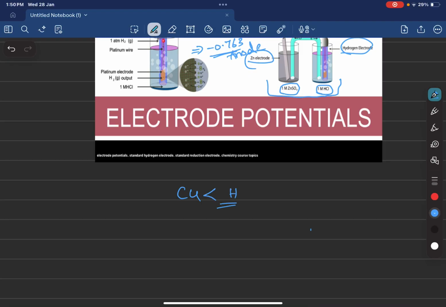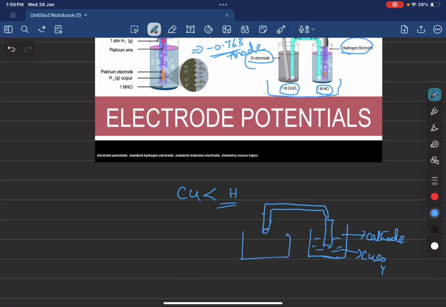In that case, we place copper at the cathode, the copper electrode in copper sulfate solution, and the hydrogen electrode is placed as the anode, with platinum wire. This is 1 M HCl.